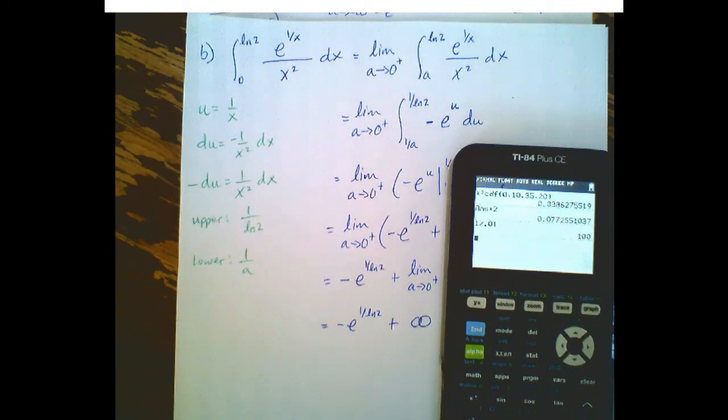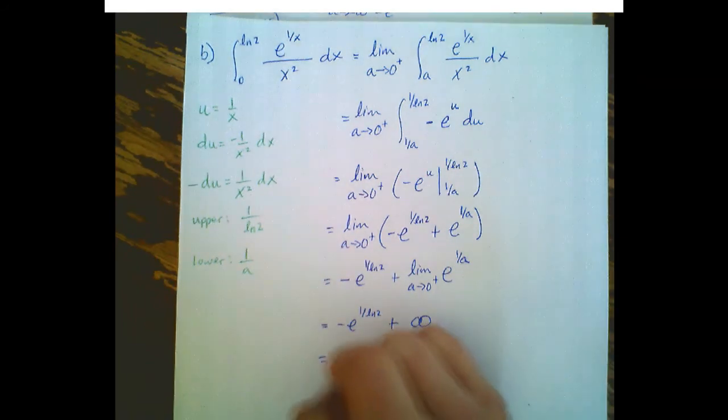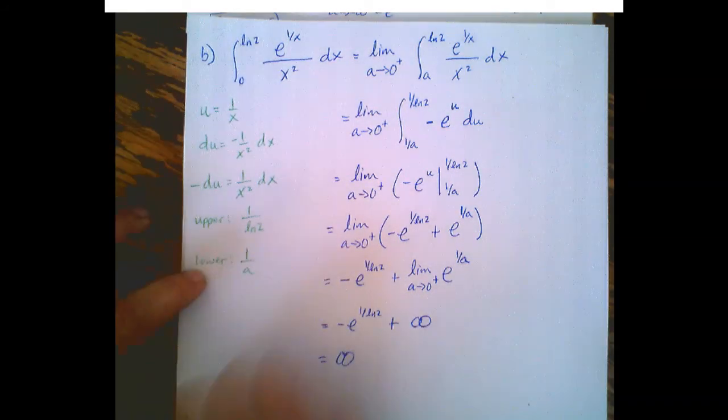Now, let's make it smaller. 1 over 0.00000001. Well, that's a really big number. So as the a value goes closer and closer to 0, that value gets bigger and bigger, and e to this number is even much bigger. So that's infinitely large. Therefore, our answer is infinity. So this diverges.